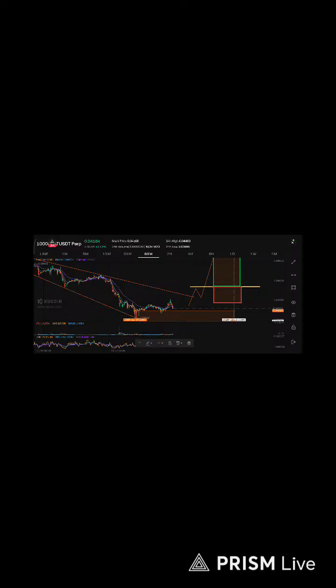But if we should break this resistance here, that means if there's a break, but if this trade should break this resistance, right?